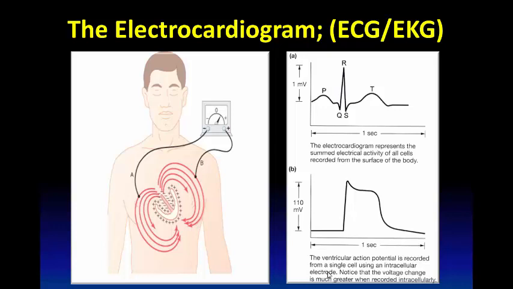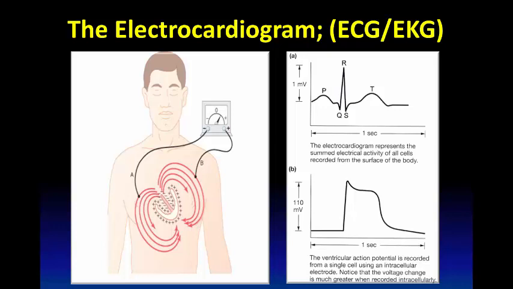While in recording the ECG, the electrocardiogram represents the summed electrical activity of all cells in the heart, and we record this summed electrical activity from the surface of the body. We shouldn't insert microelectrodes into each and every myocyte.